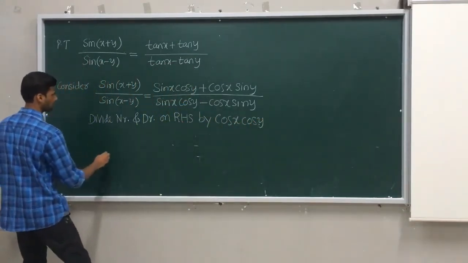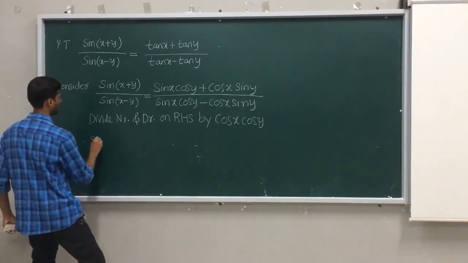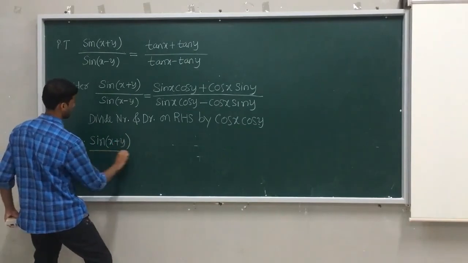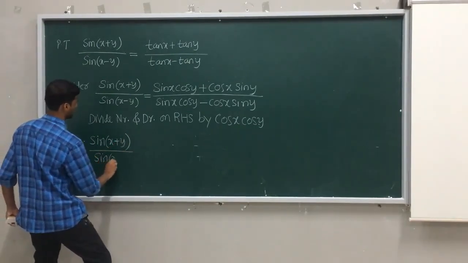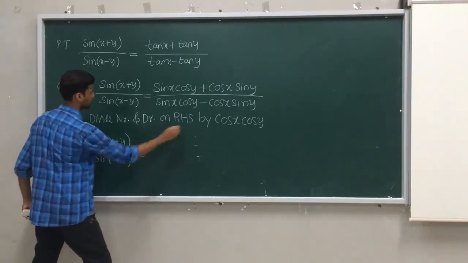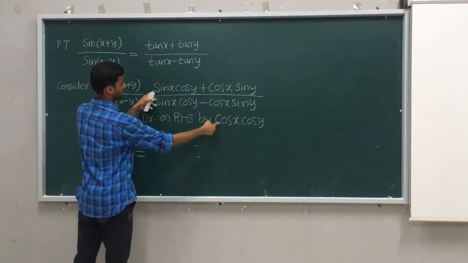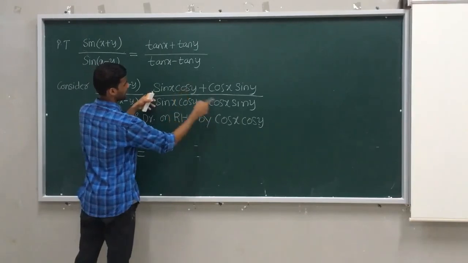Therefore we got sin of x plus y divided by sin of x minus y is equal to, when you divide the numerator, sin x by cos x is tan x, cos y cancels.